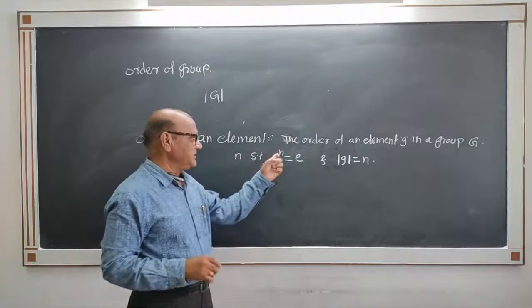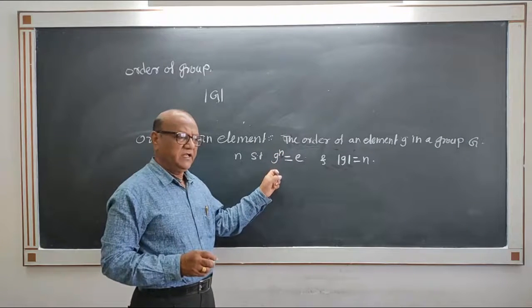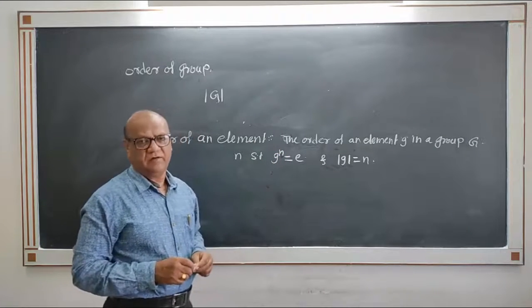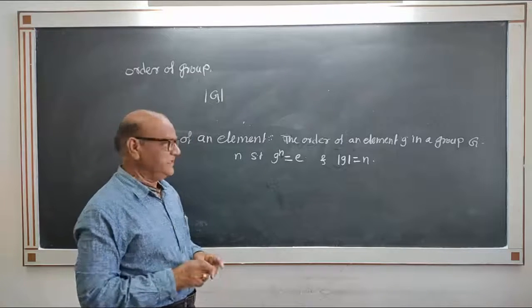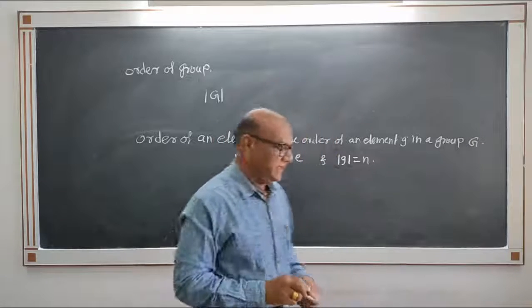If such an n does not exist, then we say G has an infinite order.